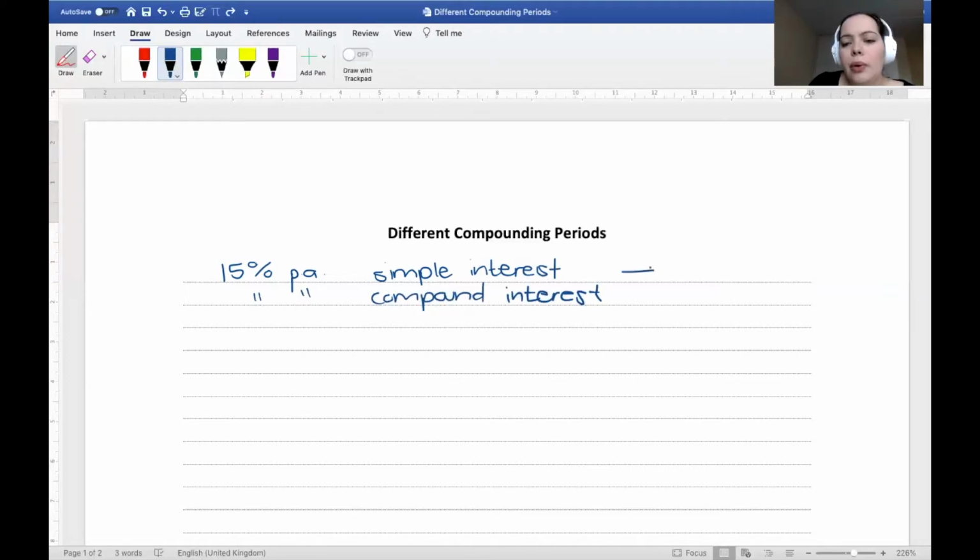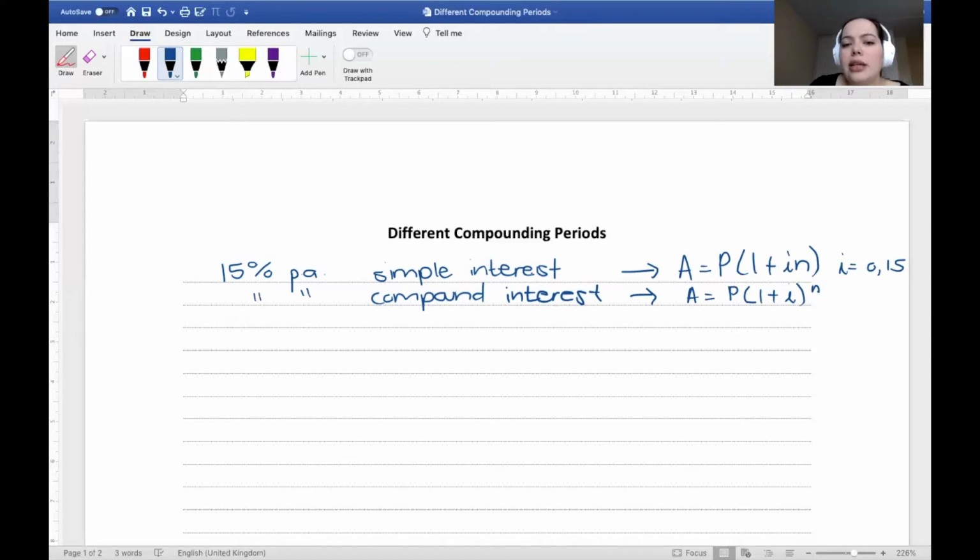So we knew that if we were using simple interest, it would have been A equals P(1 plus in), where i is equal to 0,15. If we knew we were dealing with compound interest, it would be A equals P(1 plus i) to the power of n, again, where i is equal to 0,15.